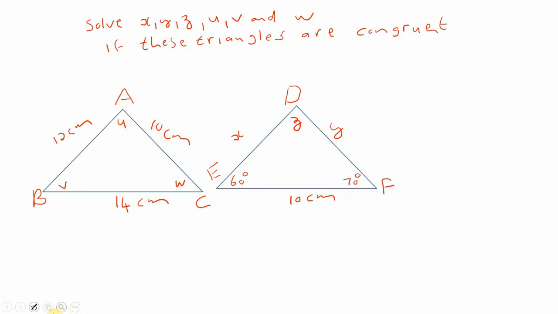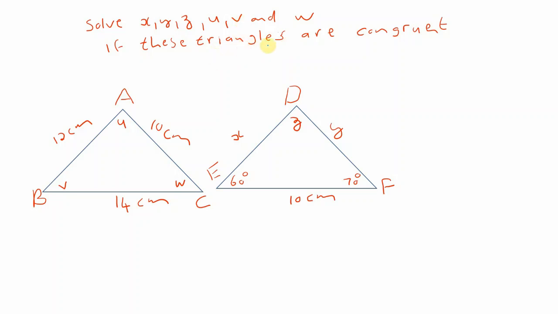So finally I am going to work through one of the problems of my own creation. So we have to solve the letters X, Y, Z, U, V and W if these triangles are congruent.